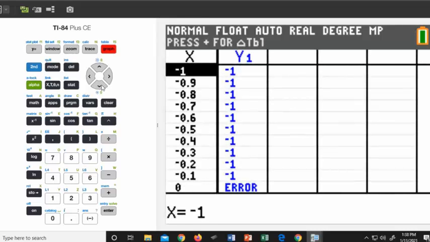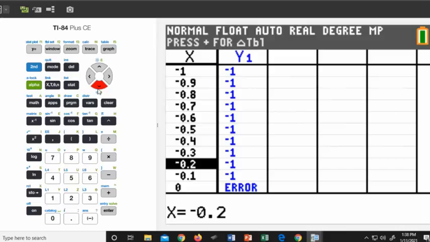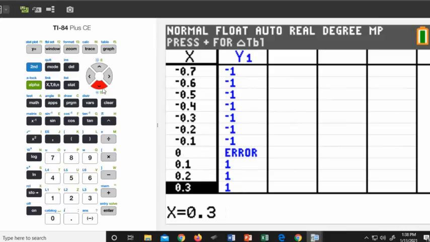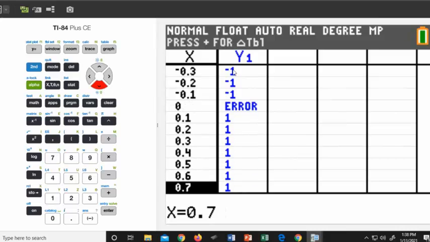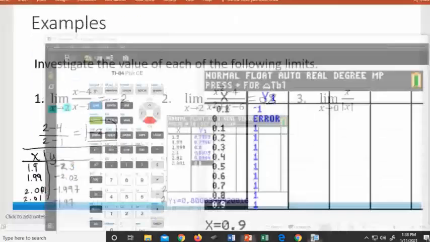And now you can see, look, -1, -1, all those y values are exactly the same. And then same thing for the right-hand side. All of those are exactly the same, but they don't match.